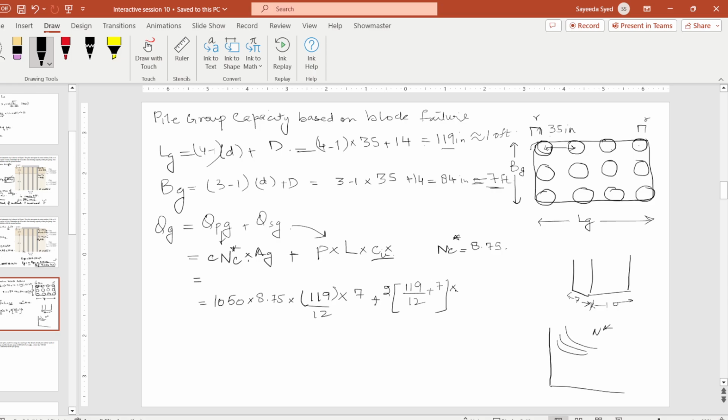And then I will divide by 1000 to change into kilo, because we will get in pounds.